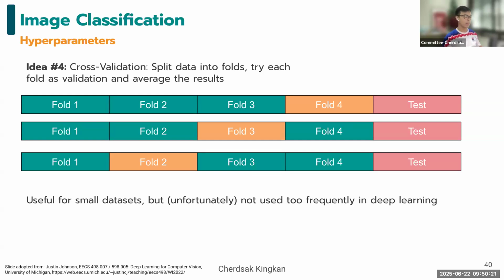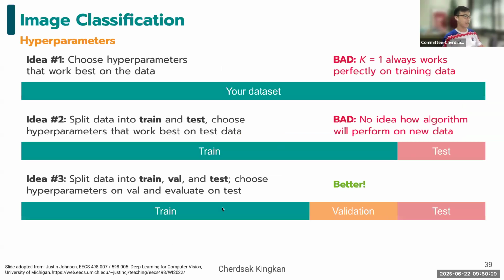So basically, for a large data set with deep learning, we go back to the third idea. All right, you split the data set into 3 sets: training, validation, and test set, and then you train your models, validate them, and then test once with the test set.